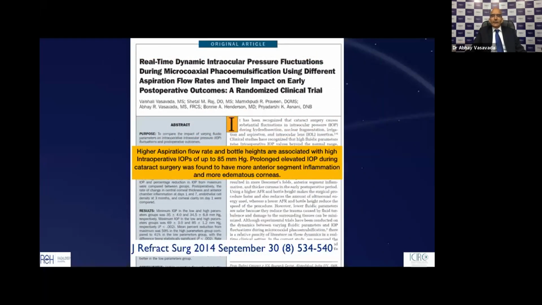But the second study really was very interesting, and we could discover why we found that the lower parameters of flow rate and the bottle height gave a better outcome to the cornea and the anterior segment. It is because the higher flow rate and bottle height were associated with higher intraocular IOPs, up to 80 plus millimeter of mercury.